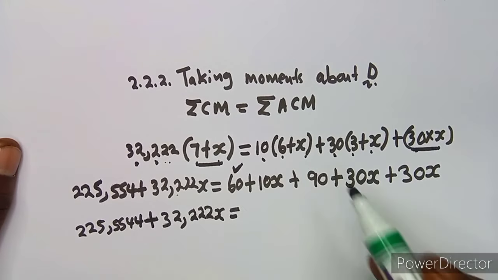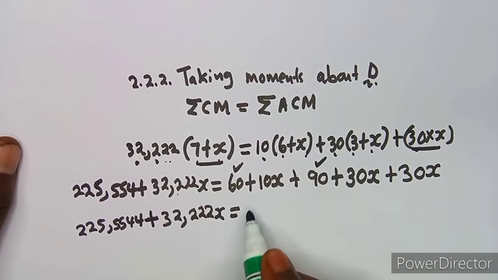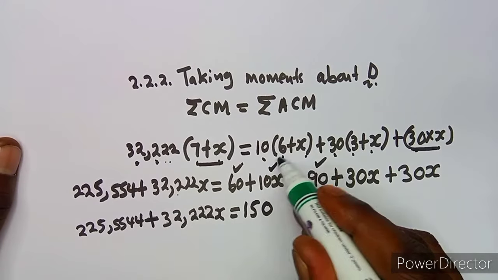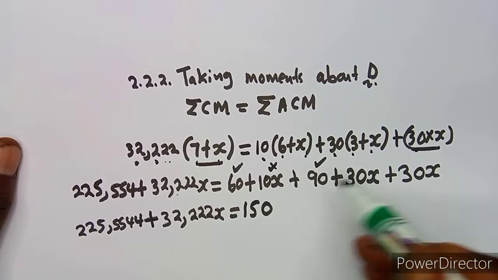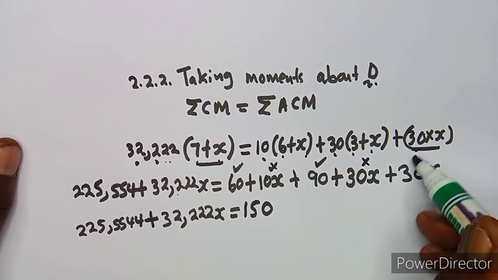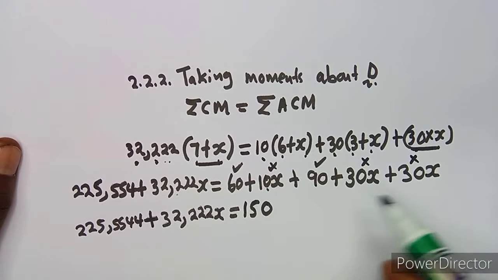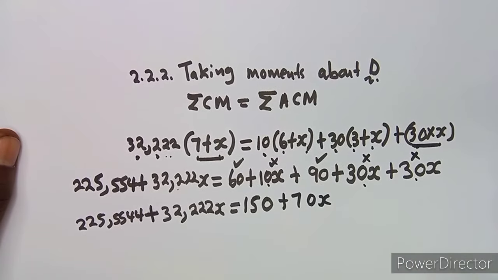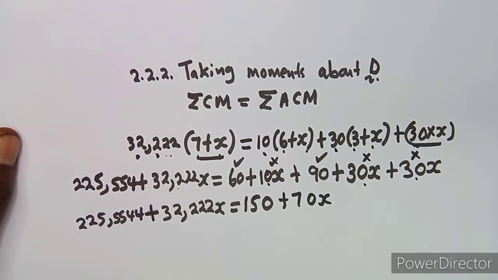That's 60 plus 90. These are the only numbers that I have. I'm going to obtain 150 there. Okay, then we've got 10X, 30X, and 30X. So you add 10 plus 30 plus 30, which is going to give you 70X, because we've got X there. All right, now we can transpose, collect like terms.